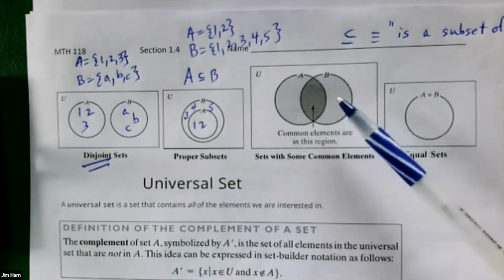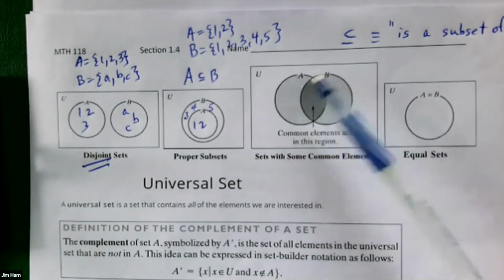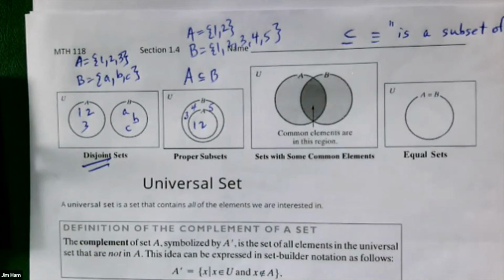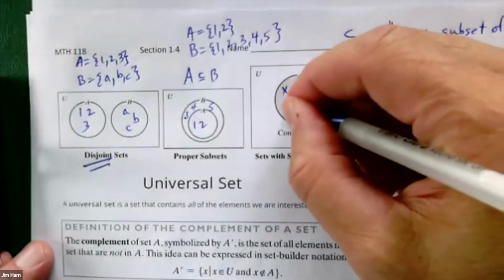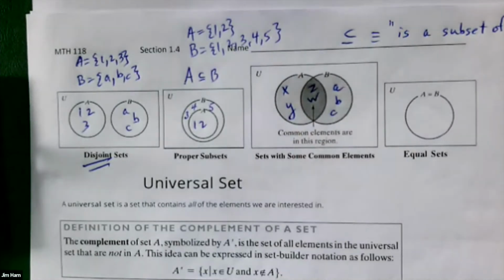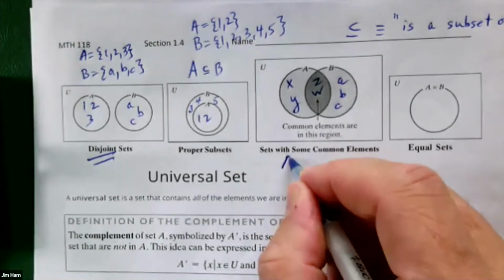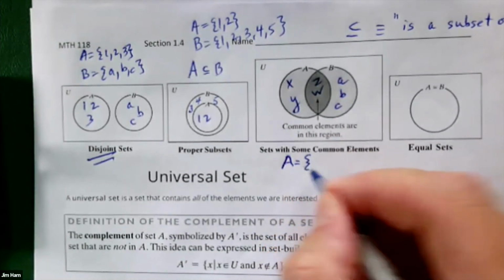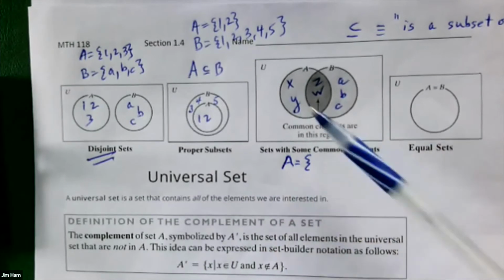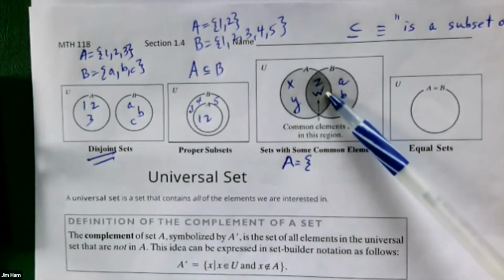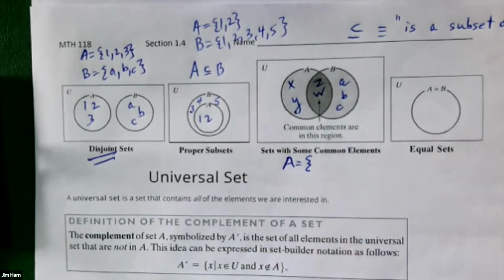Here's a Venn diagram, and notice for this example, A and B overlap, so that means they have something in common. Just as an example, I'm going to define the set A with all of its elements. Just be careful here because A contains X and Y, but it also contains these elements over here in the intersection, in the common area.